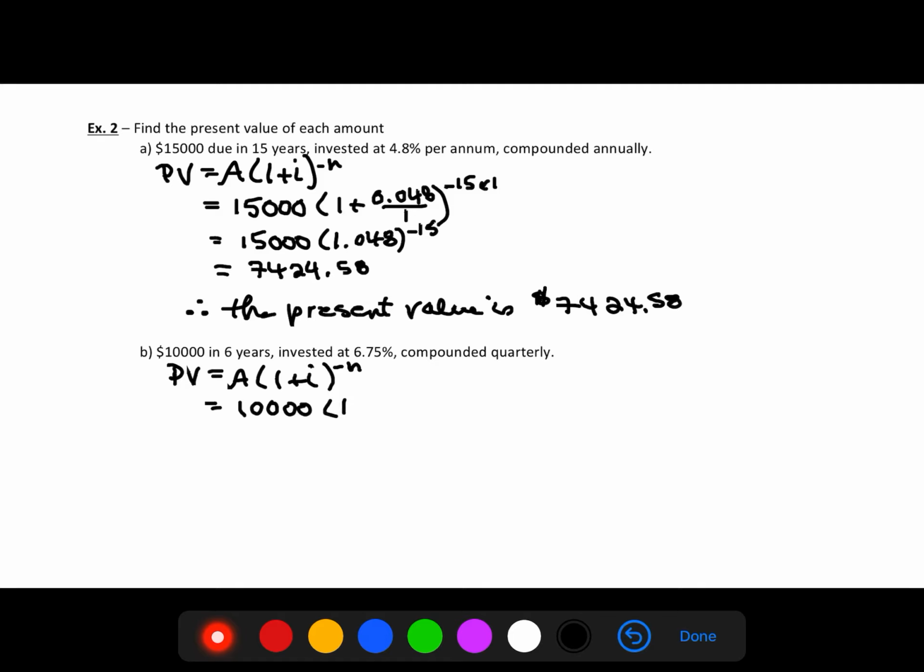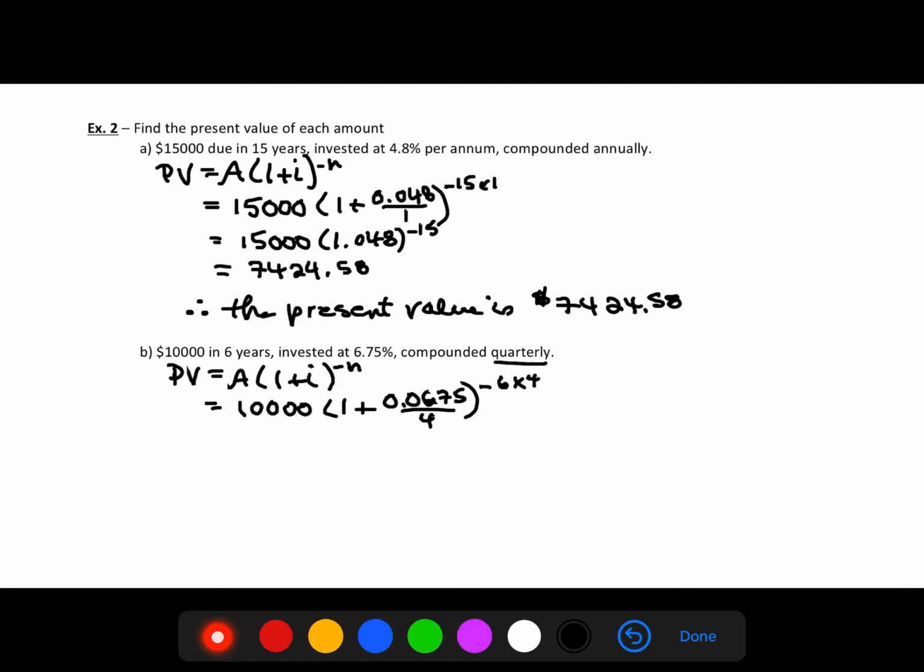For part B, we're looking for $10,000 in 6 years. So present value, and again, starting with our formula, we have 10,000, and we're going to take our 6.75% as a decimal, keeping all of our decimal spots.